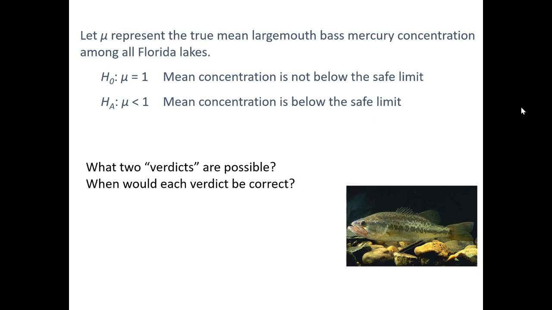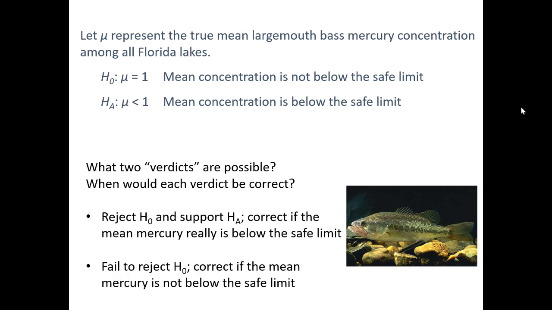Okay, so think of that little 2-column flow chart. What are the possible outcomes or verdicts in this situation? And sort of describe, in what scenario would that verdict be correct or accurate? Well, one thing that might happen is that the null hypothesis is rejected, which leads us to support the alternative hypothesis.